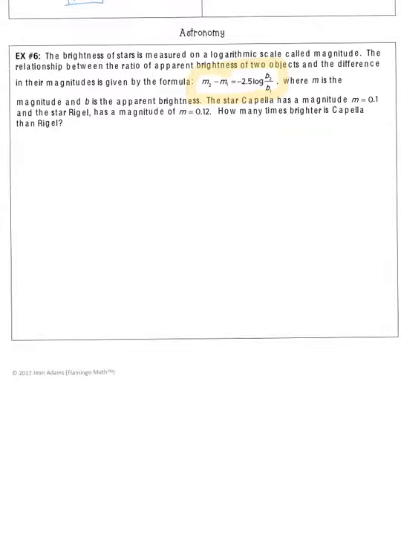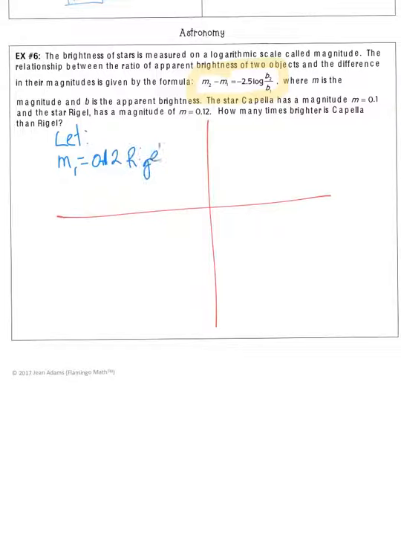So let's start off. I'm going to use our 4-step plan. Since we want Capella to be brighter, I'm going to let M sub 1 equal Regal, that's 0.12, and M sub 2 is going to be Capella.